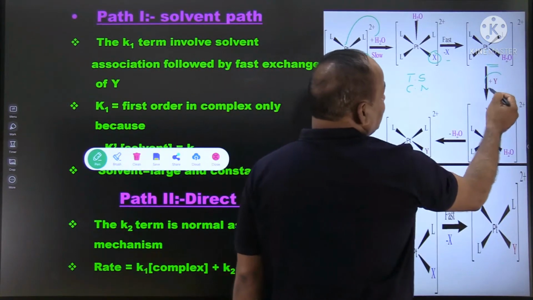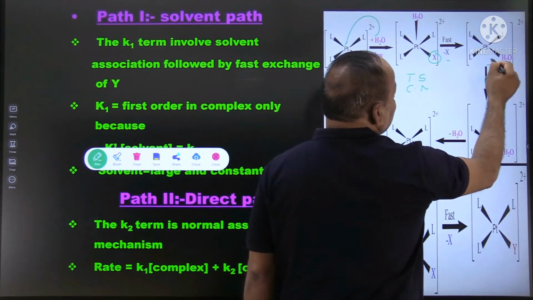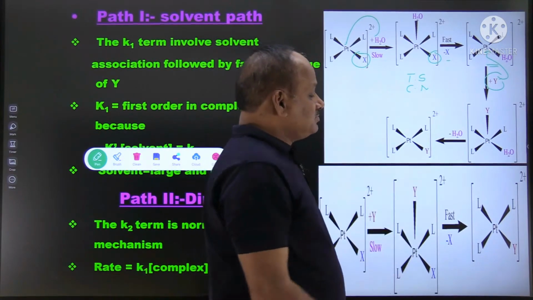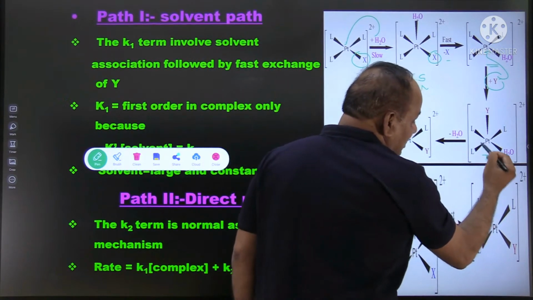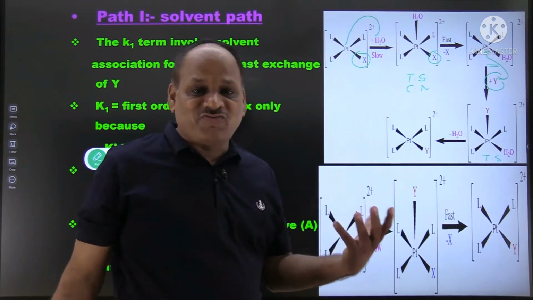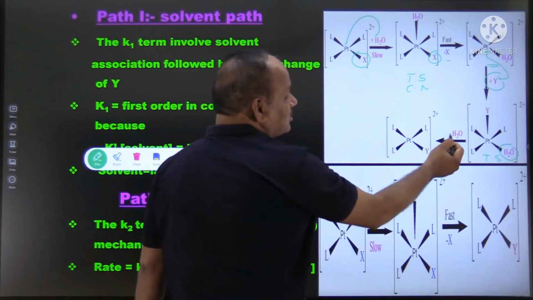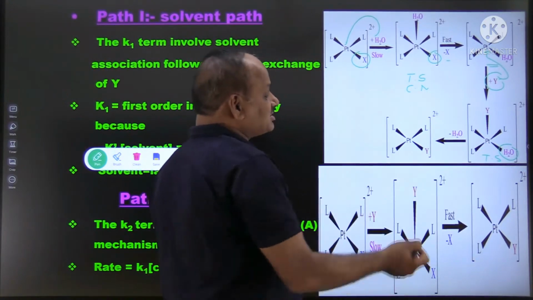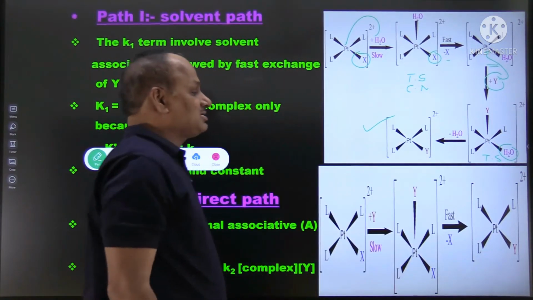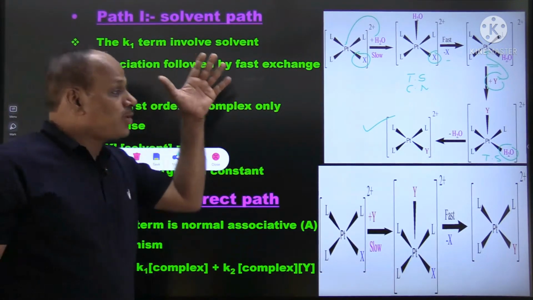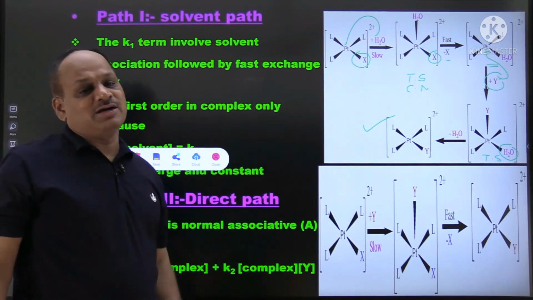After that, the incoming nucleophile Y minus attacks the platinum, and you get a transition state whose coordination number is also 5. After that the solvent molecule leaves the transition state, and you get the substituted complex. This is the solvent pathway; solvent molecules take part in the reaction.